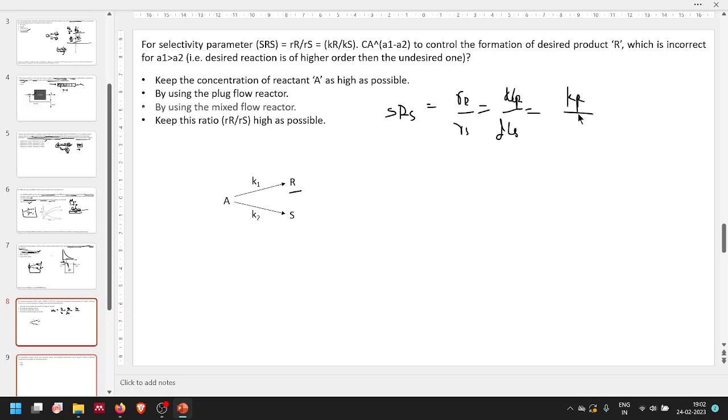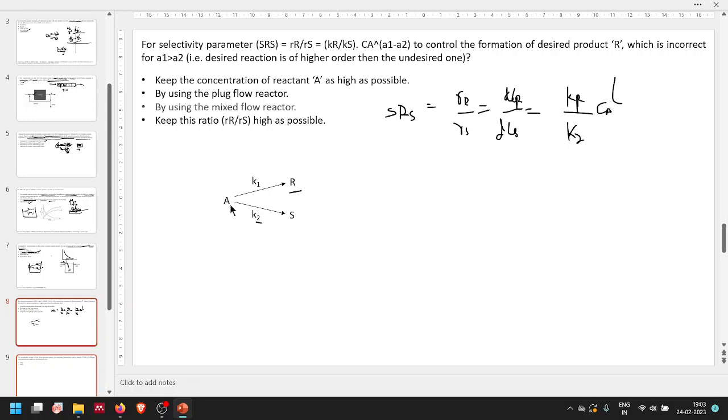Let's make it one, and then for reaction two we have two, and we have consumption of A and order of the reaction.